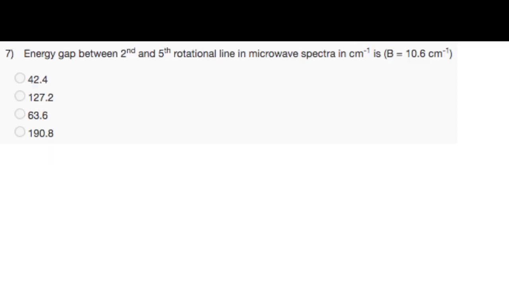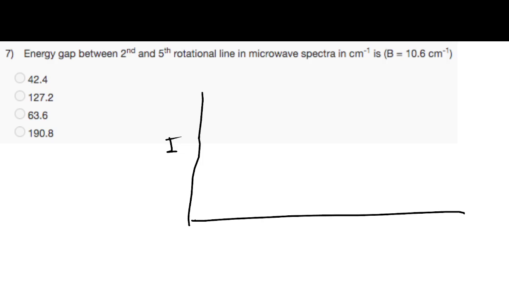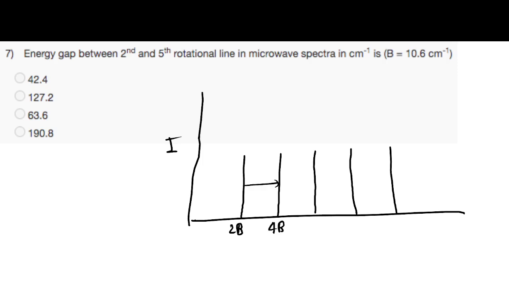So what is given here? The energy gap between the second and fifth rotational line. So we will draw one spectrum here. This is intensity. Let's say this is first line, second line, third line, fourth line, fifth line. So this is 2B, 4B. The difference is 2B, always 2B. So based on that I'm writing 6B, 8B, 10B.